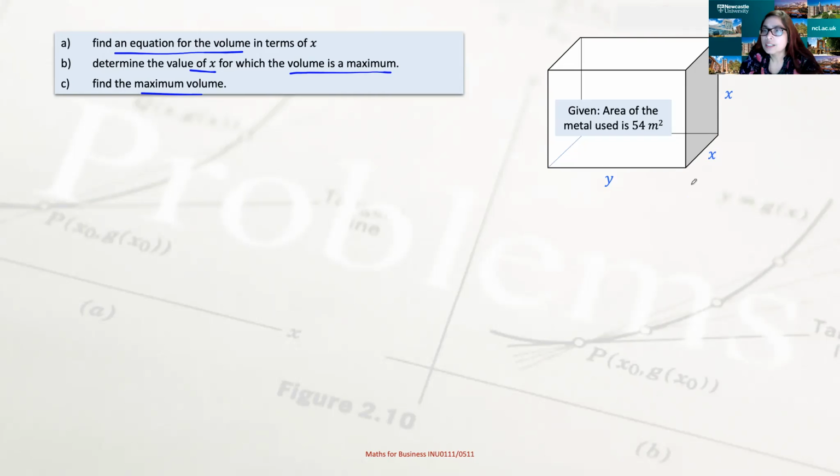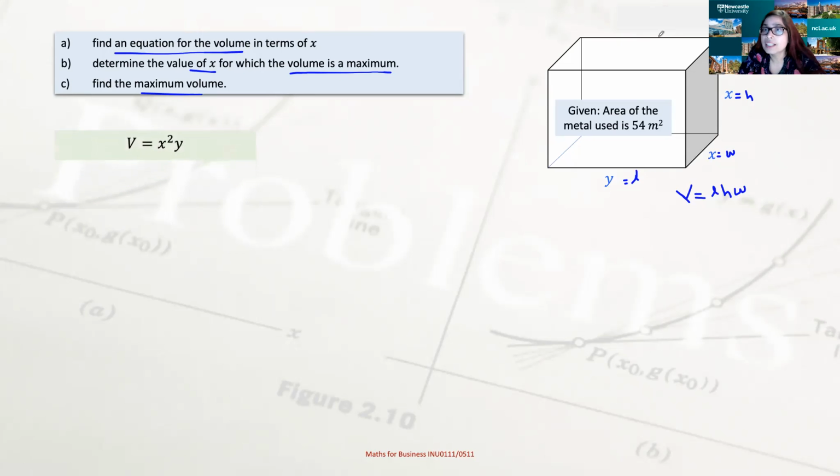Volume of a cuboid is length times height times width. So that means it becomes x times x times y, so x squared y.